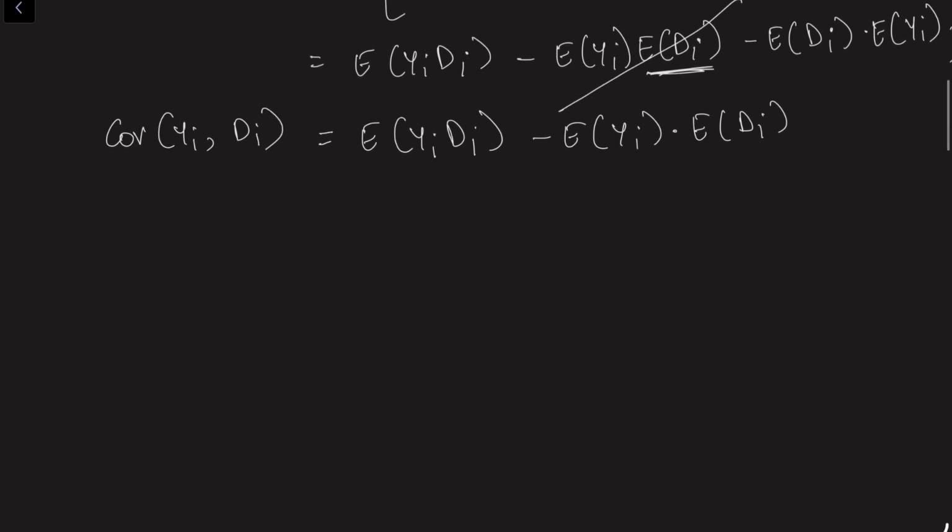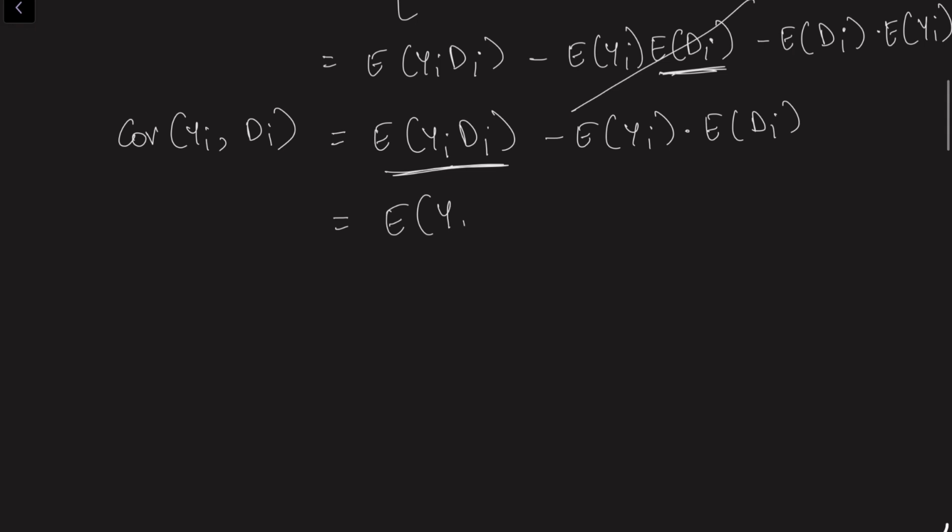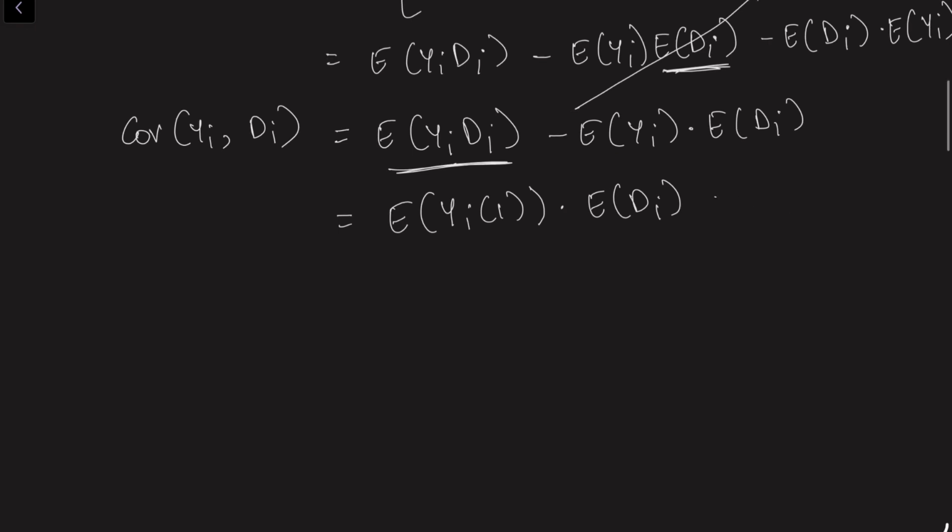Okay, so how do we further proceed and relate this to ATT or ATE? We know from a previous result that this term can be written as expectation of yi of 1 times expectation of di minus expectation of yi. Sorry, I mean that this term can be written as this. Do you remember this first term? And now I'm just copying the second term down.